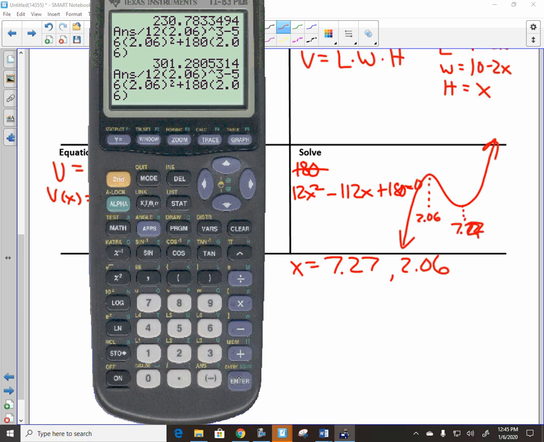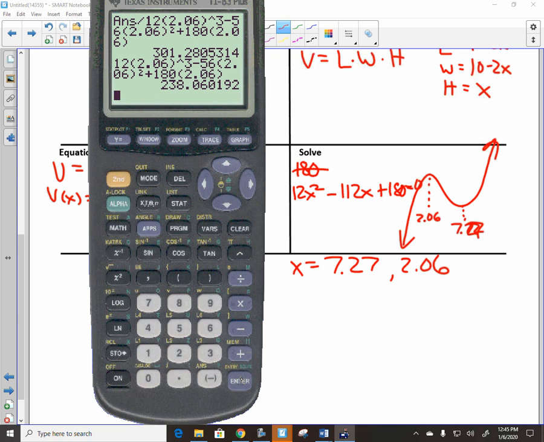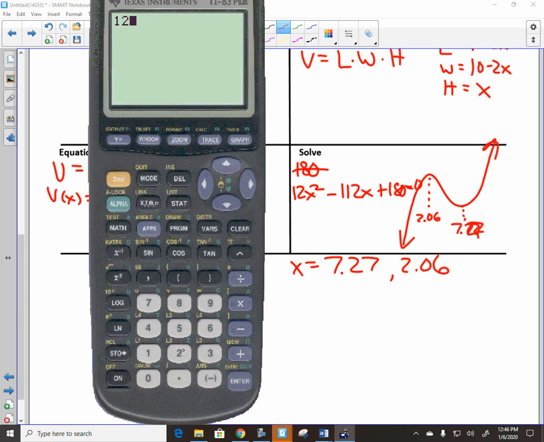Okay, one more time, second entry. And we're just going to get rid of answer divided by. Don't know how that got there. Delete, delete, enter. Is that better? No, we don't have 12.